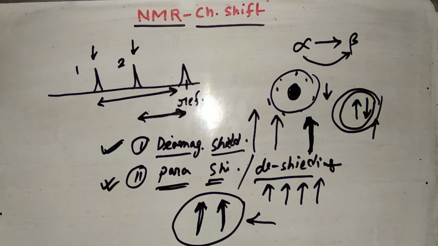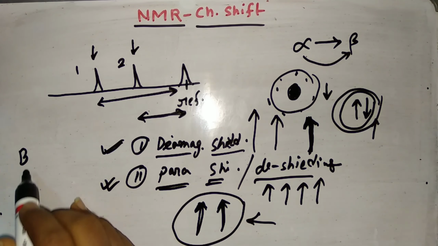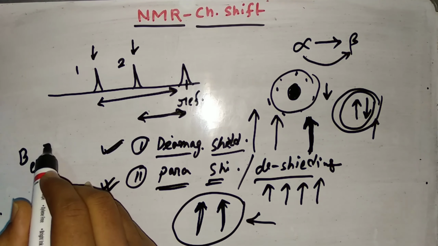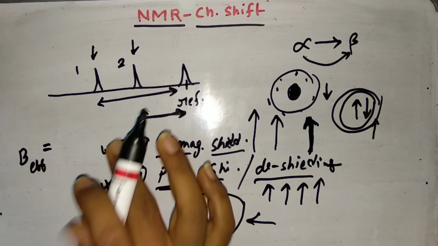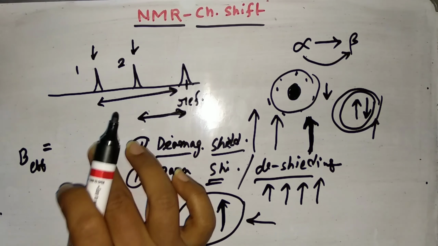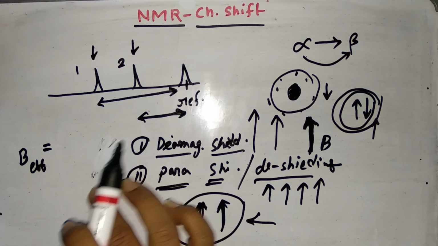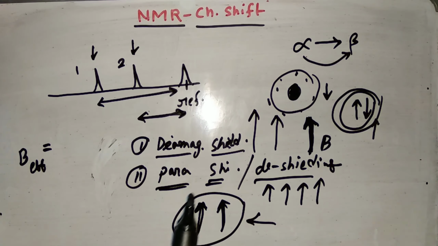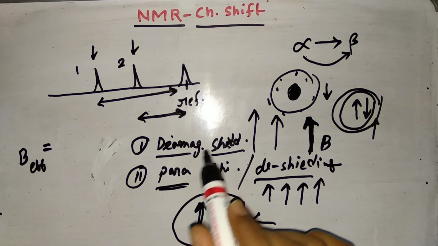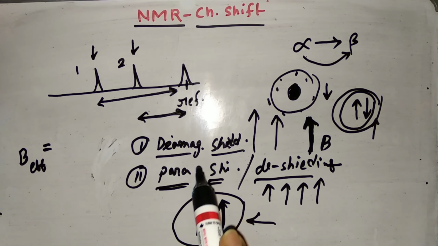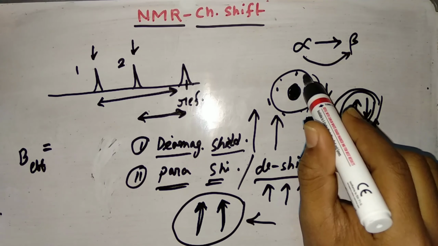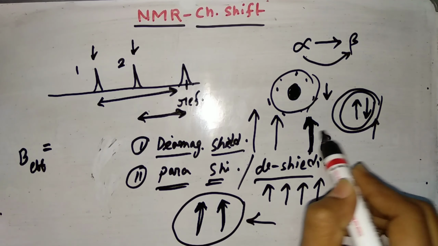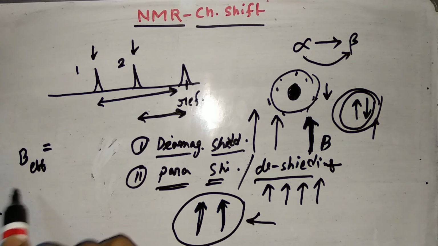So in case of diamagnetic shielding, what will be the effective magnetic field? Say B is the externally applied magnetic field. In case of diamagnetic shielding, the externally applied magnetic field is opposed by the electrons by shielding, so the overall field strength will decrease.